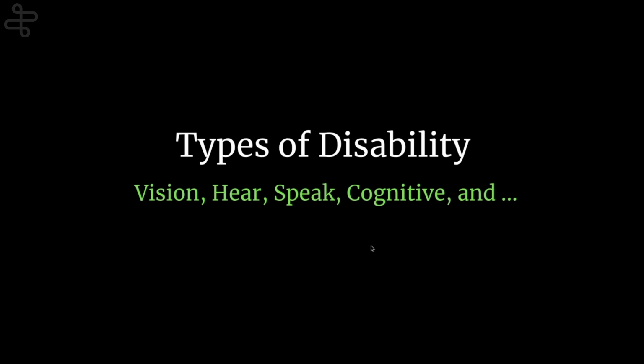Now, how many different types of disabilities do we have? There are vision, hearing, speech, cognitive, and more. But the bottom line, to make sure that you all know, is that these disabilities could be permanent or temporary. I have seen in my career product managers and project managers who say that our end users, our focus users, are not disabled, or our product is not for disabled people.